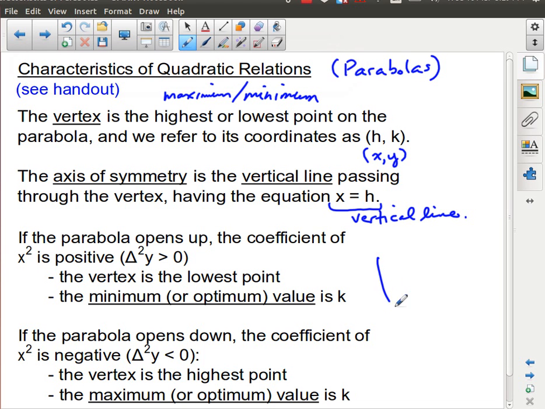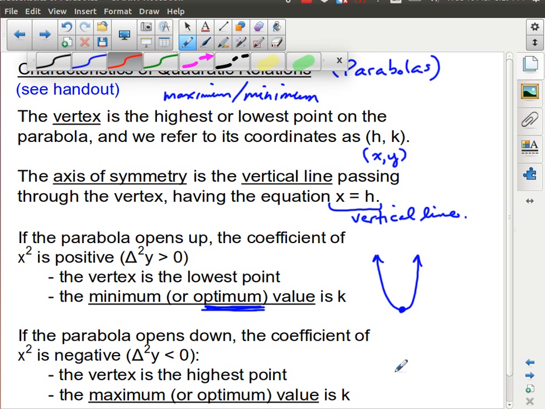If the parabola opens up, then the vertex is at the lowest point, so this is the minimum value. A new word that we might be introducing to your vocabulary here is optimum. The optimum value is either the minimum or the maximum, depending on the shape of the curve involved.